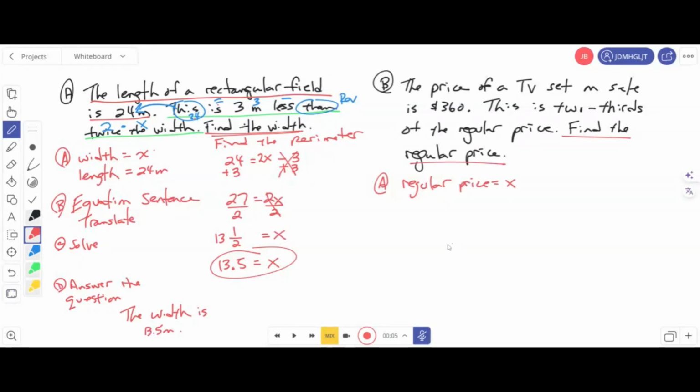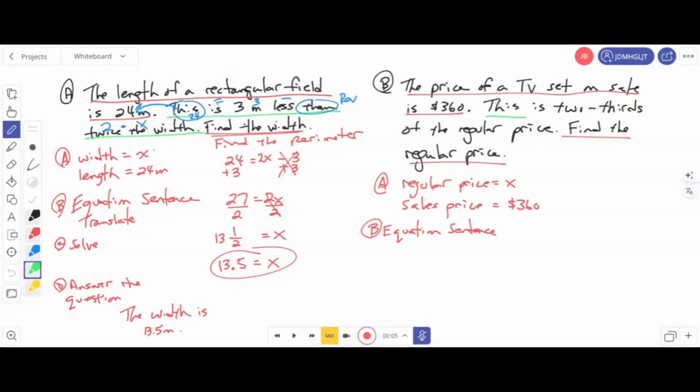We will call that X. They tell us that the sale price is $360. Find the equation sentence.